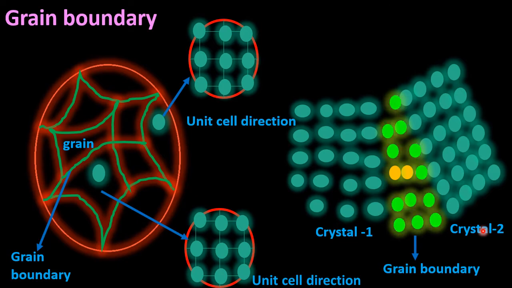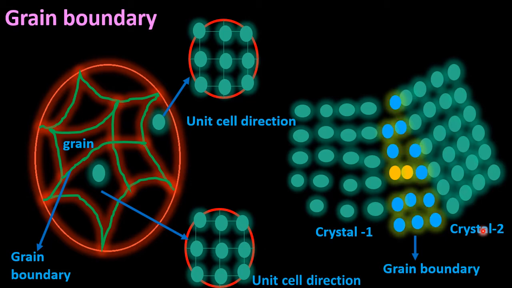Within the boundary regions, which are probably just several atom distances wide, there is some atomic mismatch in the transition from the crystalline orientation of one grain to that of the adjacent grain.